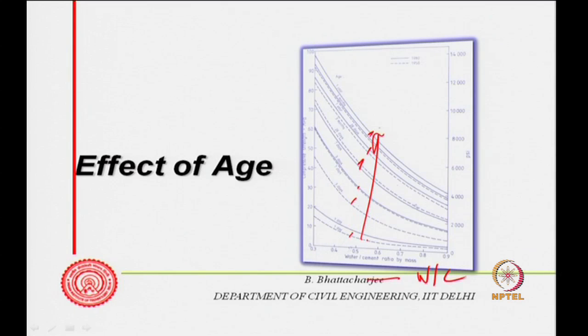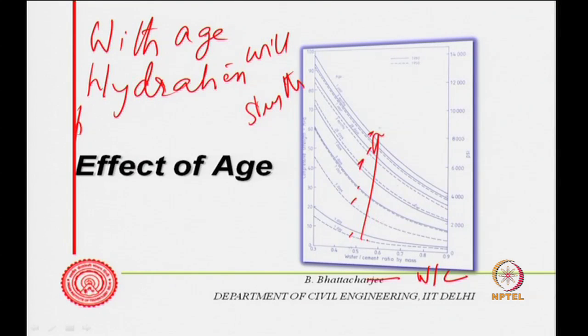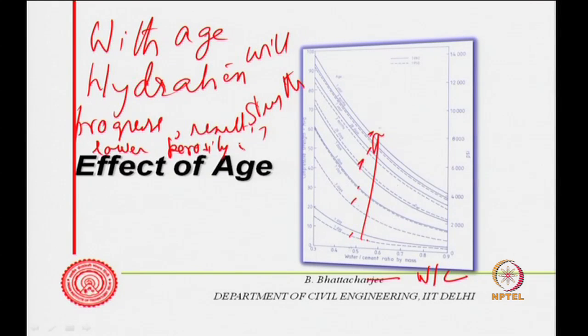So, strength versus water to cement ratio curves tend to go up with age, and we do understand this, because with age hydration will progress, resulting in lower porosity and pore sizes. So, strength should increase.